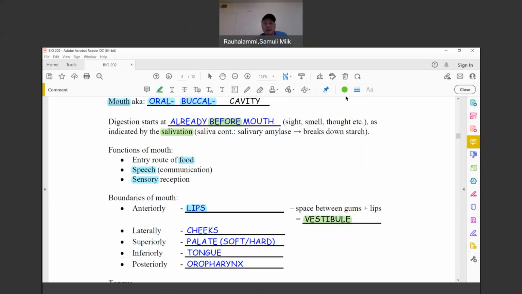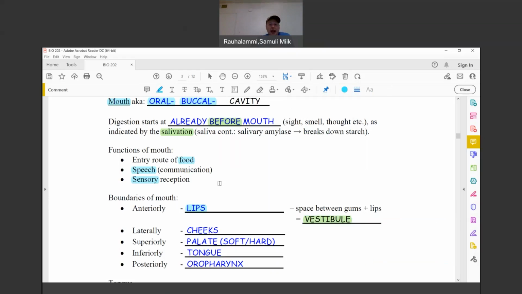So you might end up seeing that term being used. Vestibule refers as a term to a chamber, so it's this chamber between the teeth, gums, and the lips. Dentists especially work on that space largely.